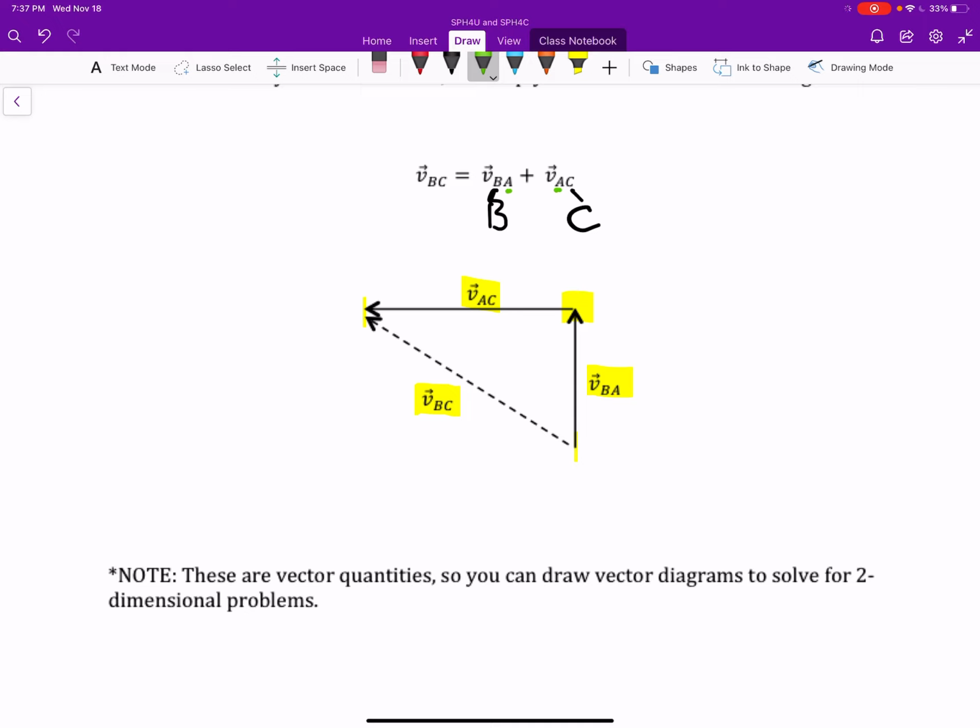So the green letters go on the inside, and we can imagine that these A's are getting canceled, and then our B and C go together, giving us the resultant vector. This is helpful for when you're trying to determine what vector you're looking for given the vectors you have. Let's take a look at some examples.